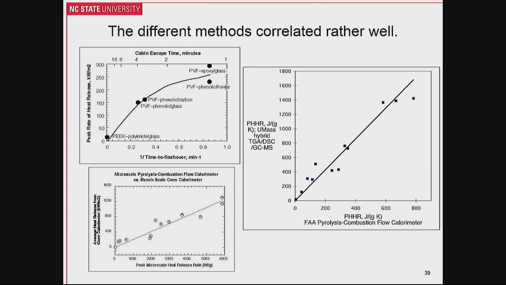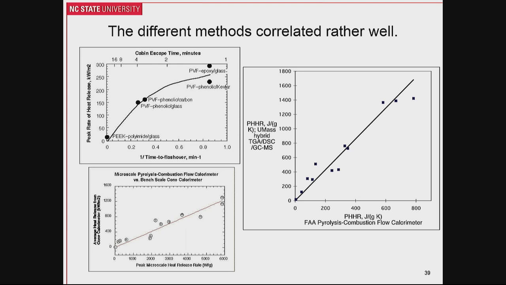Here's flashover time. That's the catastrophic event that correlates to cabin escape time that you want to be way over here. And you see we were able to achieve a really good time. Furthermore, comparing the cone calorimeter and the flow calorimeter, the FAA calorimeter, and then the one that we had in our lab, you see very good agreement between these different techniques by understanding molecularly what was going on there.